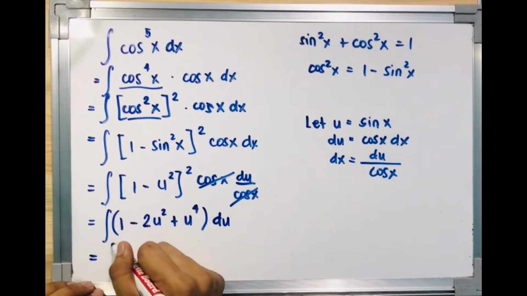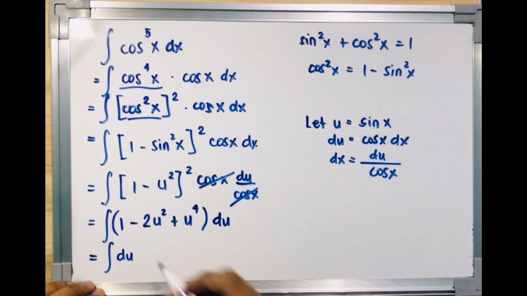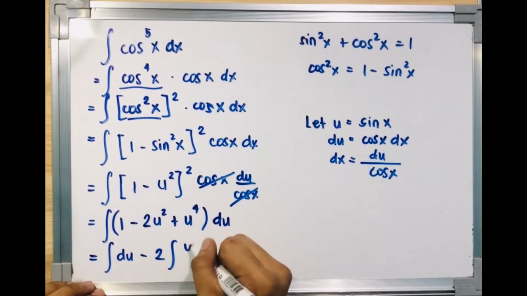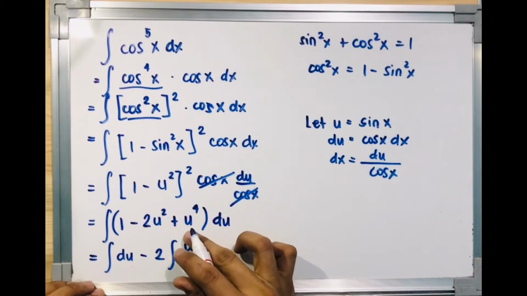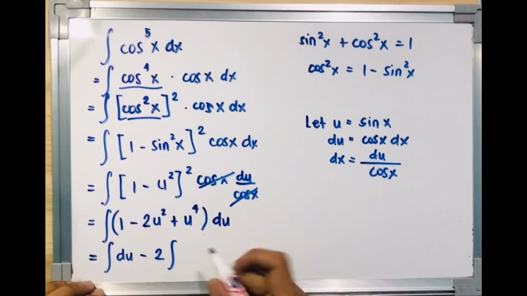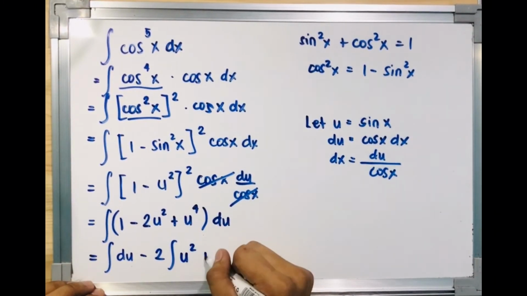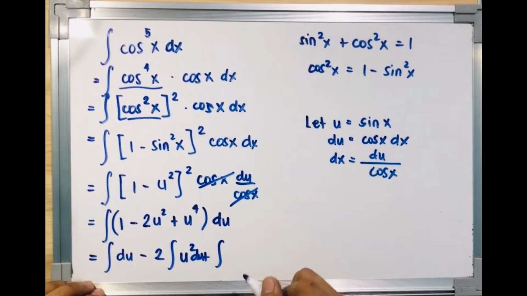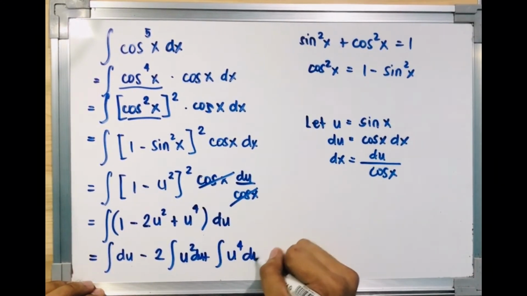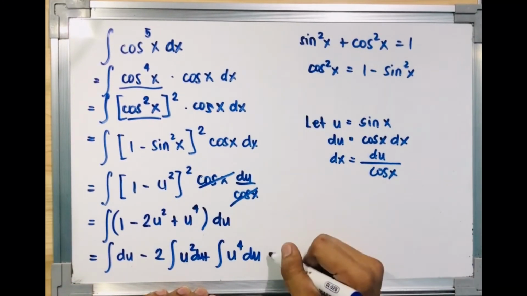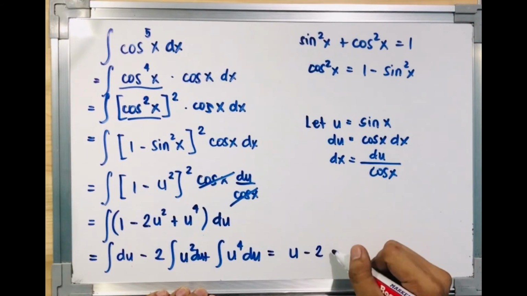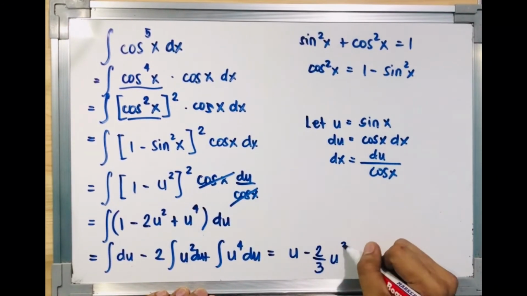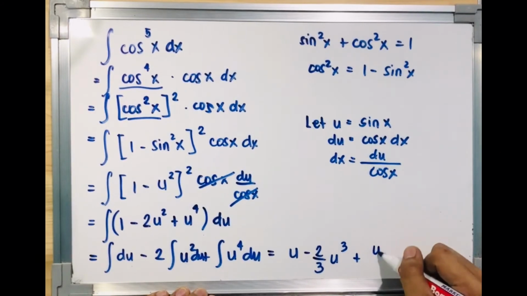So, I have my integral of du minus 2 integral of u squared du, and then plus the integral of u to the 4th du. And then integrating that, it will lead to u minus 2 over 3 u cube plus u to the 5th over 5.